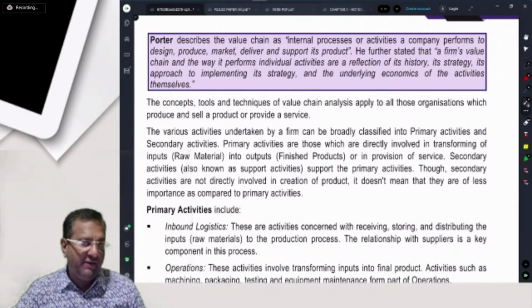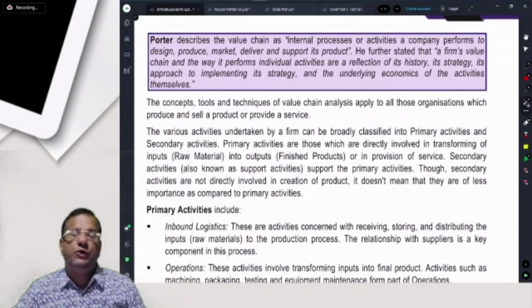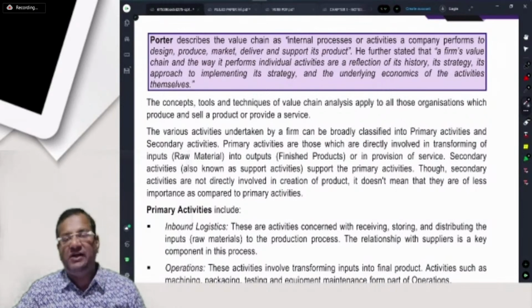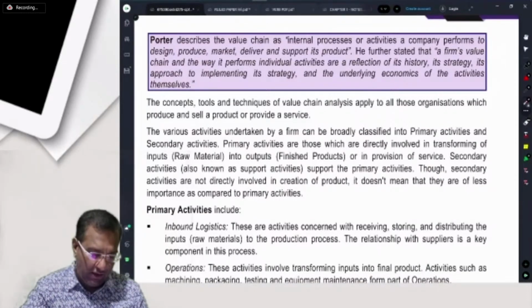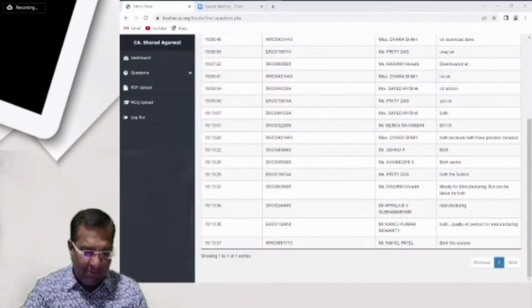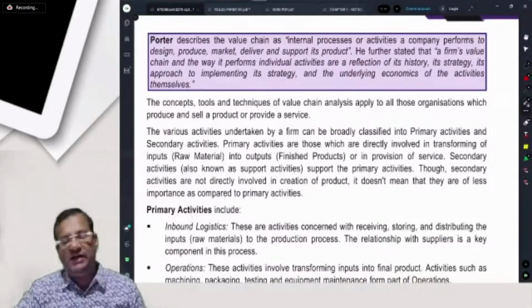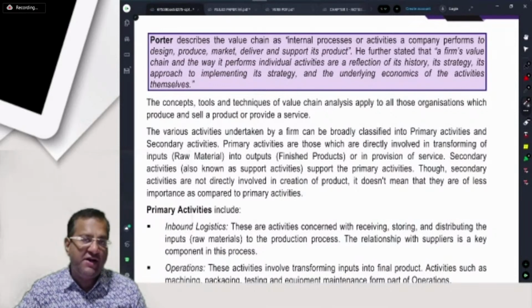Full stop. Next line. There are a total of 5 primary activities and 4 secondary activities.